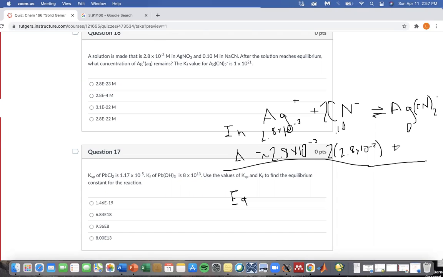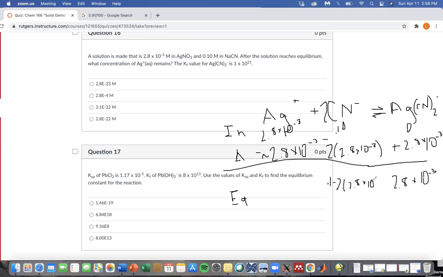So the concentration of AgCN2 is going to be 2.8 times 10 to the negative third. And for cyanide, it's going to be 0.1 minus 2 times 2.8 times 10 to the negative third.